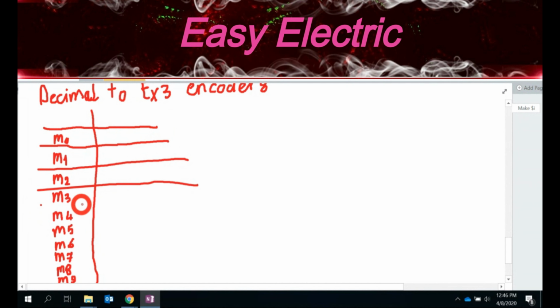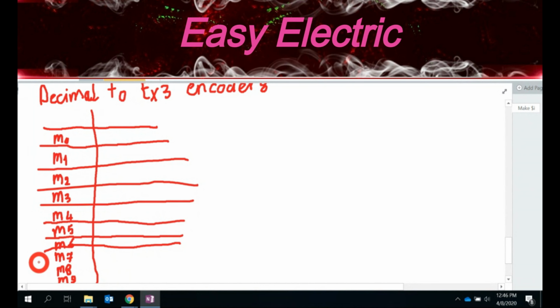Remember that? Excess-3 is clear from the name, right? It's the binary plus 3. So that means the 0 should be 3 in excess-3, which is 0, 0, 1, 1.